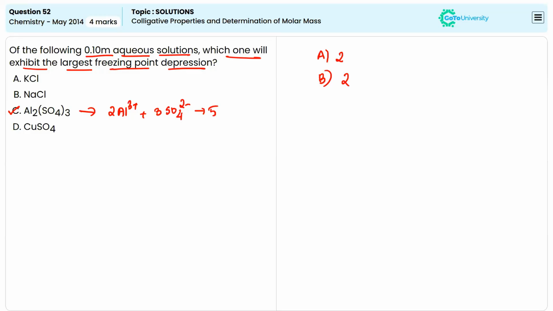So the largest deviation of the freezing point will be shown by the compound which has the maximum number of particles. That will obviously be aluminum sulfate, which can produce 5 particles. So that will be the correct answer. Copper sulfate can produce only 2, one Cu2 plus ion and one SO4 2 minus ion. So the maximum will be for aluminum sulfate. The correct answer is C.